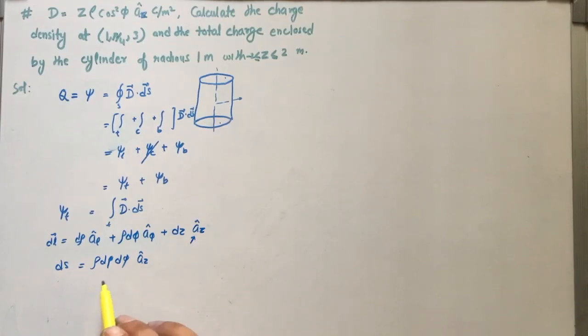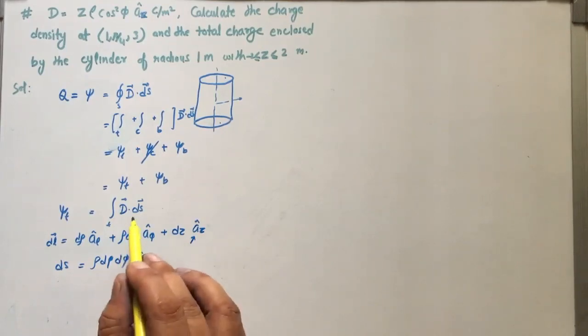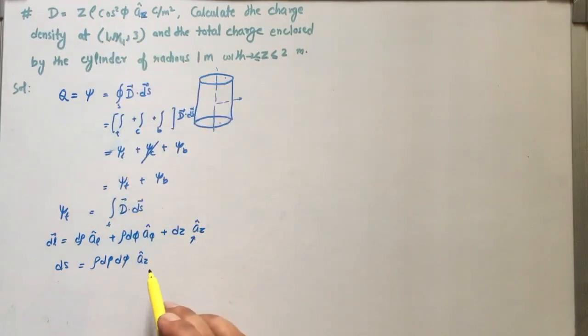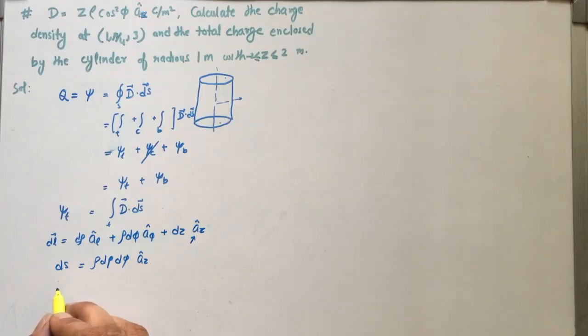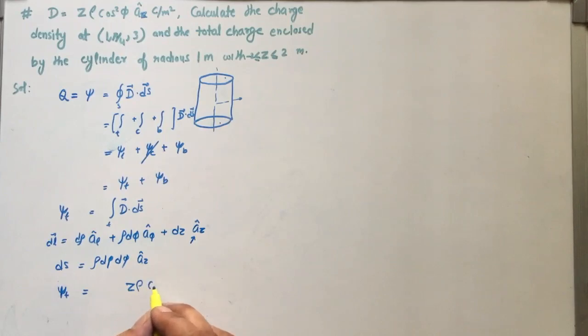So put the value of dS here, and D from here put it here. So flux from the top surface will be equal to the integral of z rho cos square phi rho d phi.